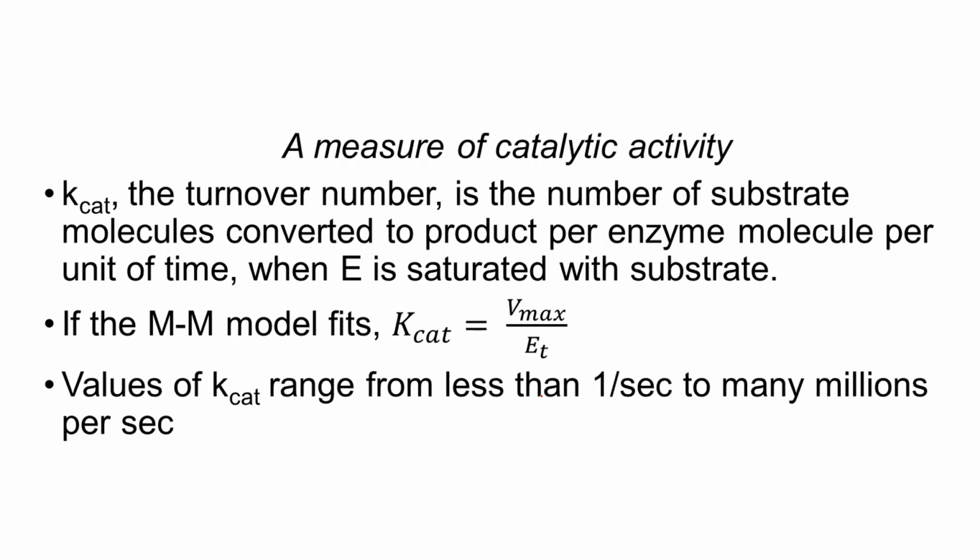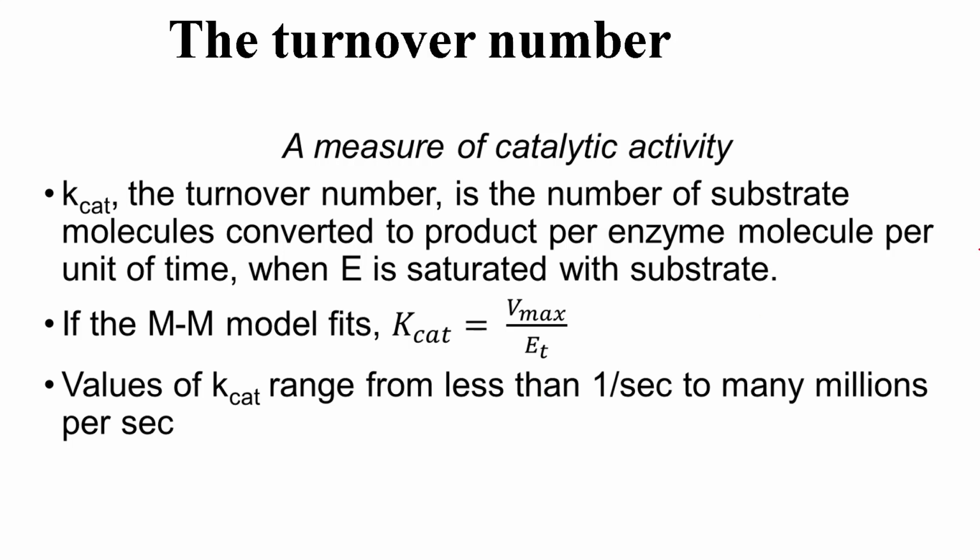Now, the value of K cat ranges from less than 1 per second to millions per second. So it has various ranges depending on the enzyme that we are working on.